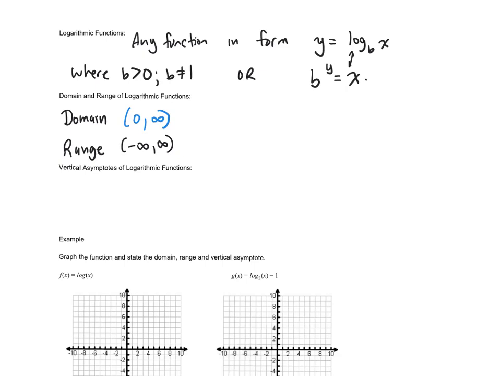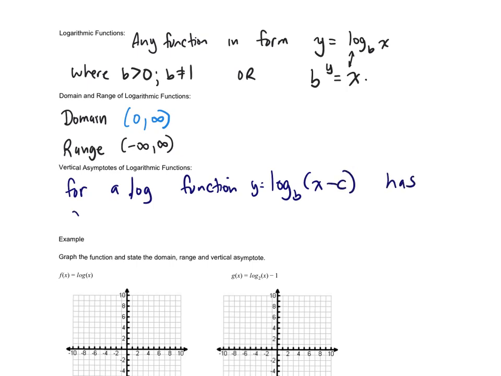Every log function will have a vertical asymptote. So we can say for a log function, I'm going to write it as y equals log base b of x minus c, has a vertical asymptote at x equals c.